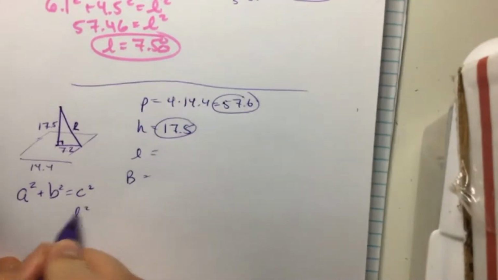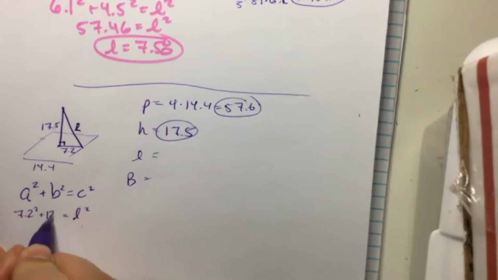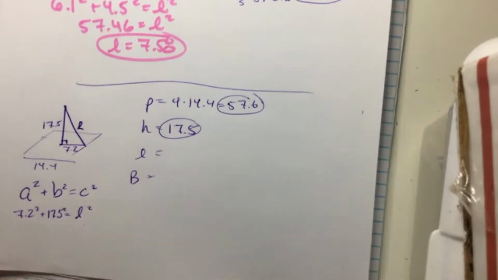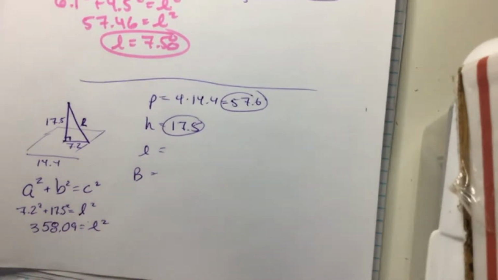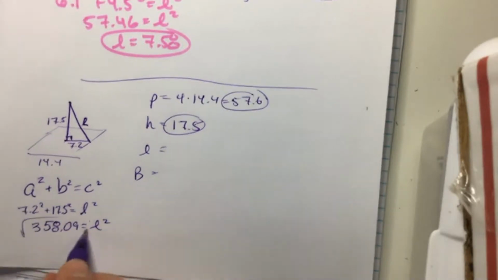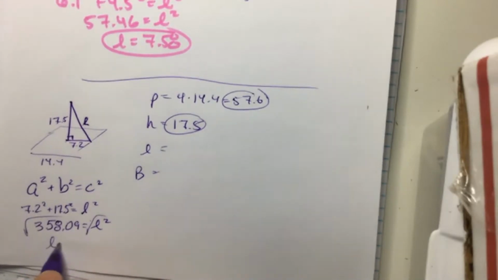L is my C, so that's my unknown. So I could do like 7.2 squared plus 17.5 squared equals L squared. Use my calculator for that. So 358.09 is my L squared. I can just take the square root of both sides to find what L is. What'd you get?